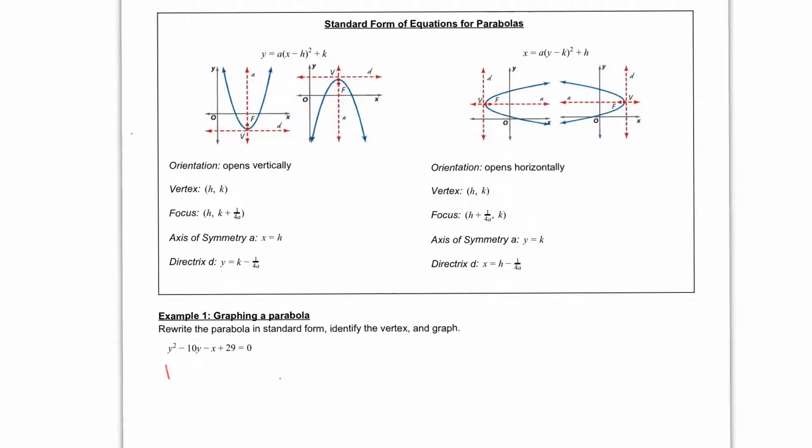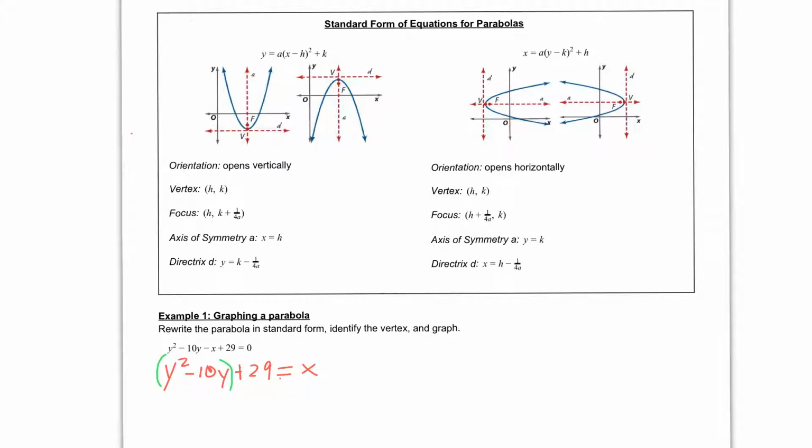And I'll get y squared minus 10y plus 29 equal to x. And then I have to go through and complete my square. So in order to complete my square with my parabola, I'm going to group together my y squared and my y, and I'm going to leave that 29 out of the parentheses.